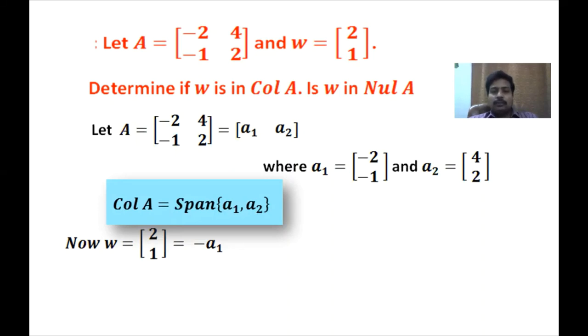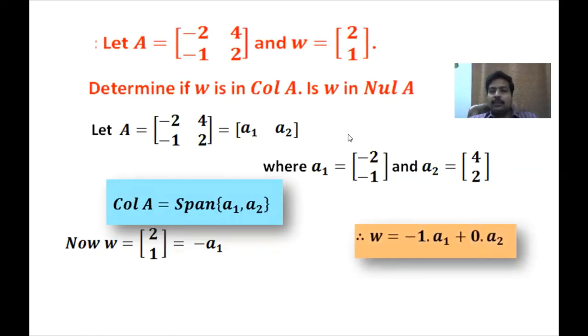Now W is given as 2, 1. This is nothing but minus A1. If you multiply A1 with -1, we will get W. So W can be written as a linear combination of these two, as W is equal to -1 A1 plus 0 times A2. So here -1 and 0 are my scalars, or weights.